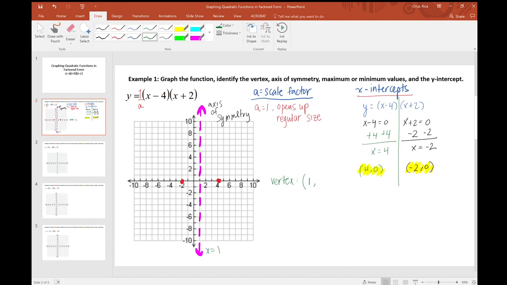To find the y-coordinate, we need to take our x value and plug that into our equation. So the equation is y equals x minus 4 times x plus 2.